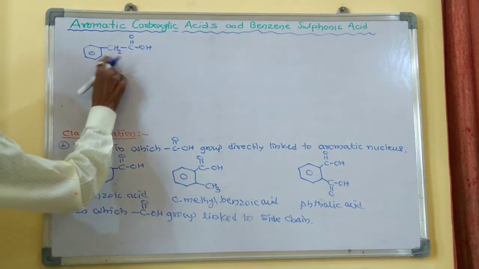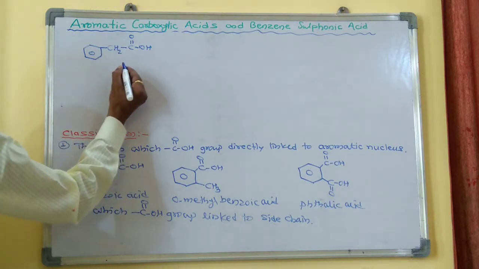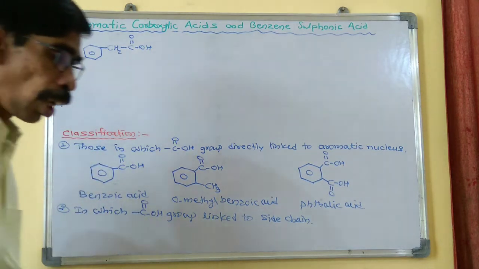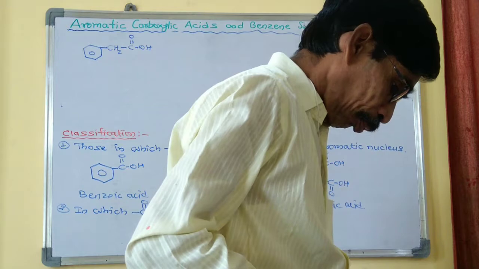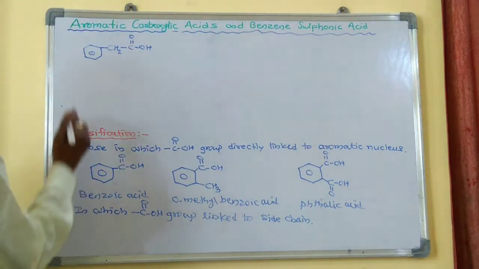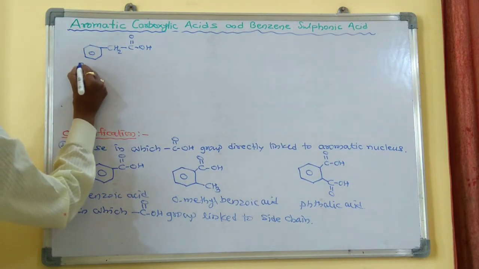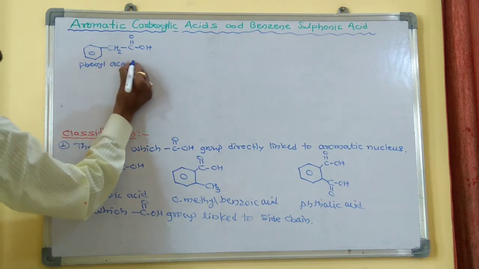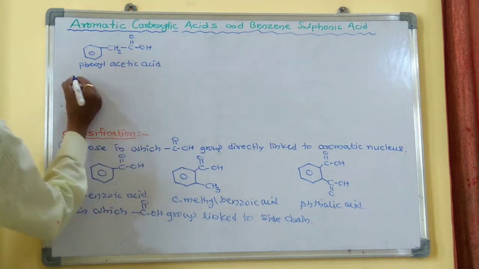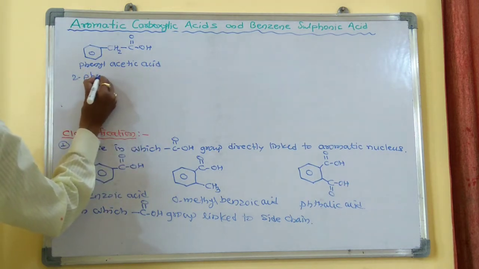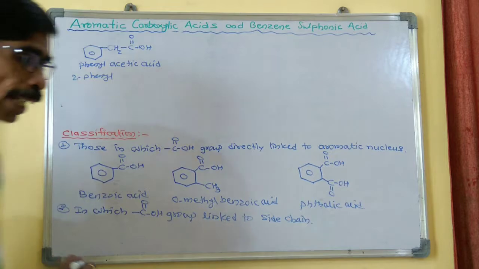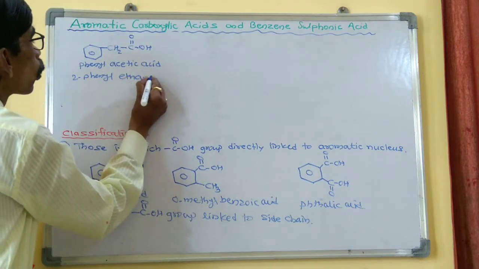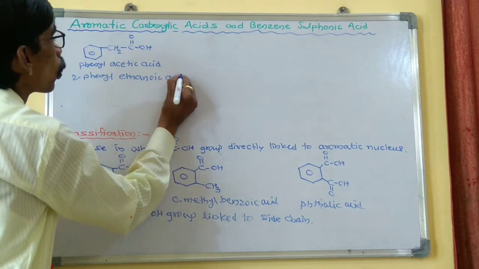Now, this CH2 is the side chain, and therefore it is called 2-phenyl or phenyl acetic acid. This is called phenyl acetic acid, or it is called 2-phenyl ethanoic acid.